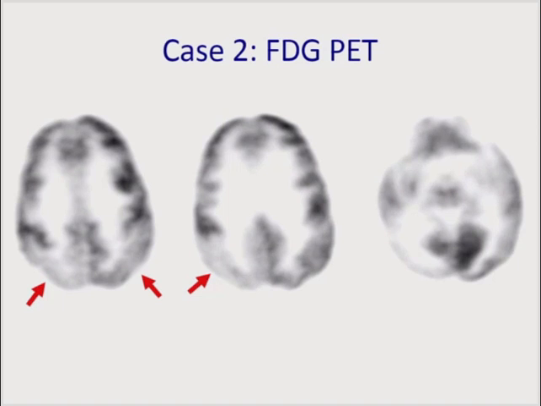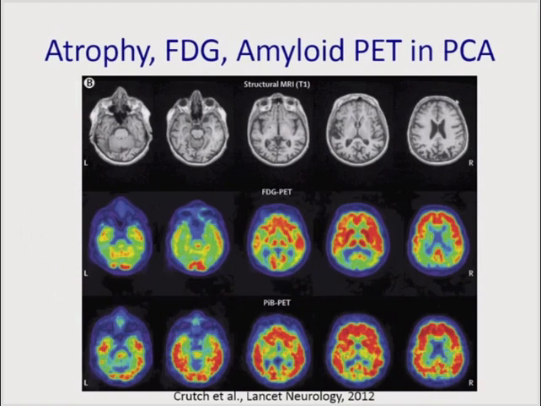And you're seeing that even as you become more inferior, with the midline structures somewhat preserved, in this case the primary visual cortex. Up by the posterior midline, you're starting to see some hypometabolism, again, slightly asymmetric. So together, these imaging features and our clinical characteristics made me think that this individual had posterior cortical atrophy.